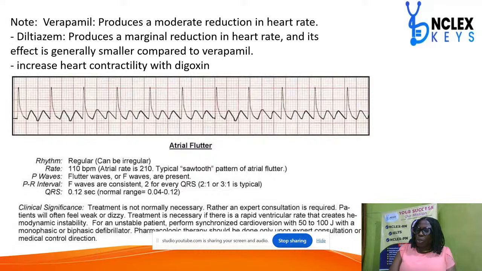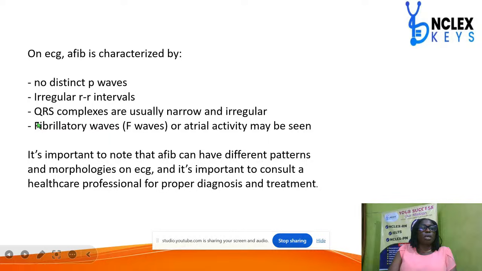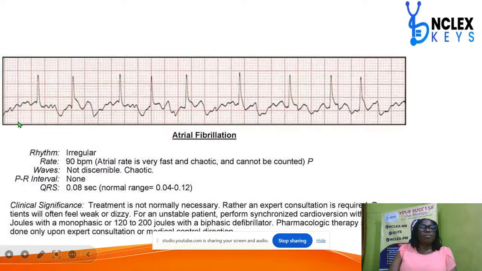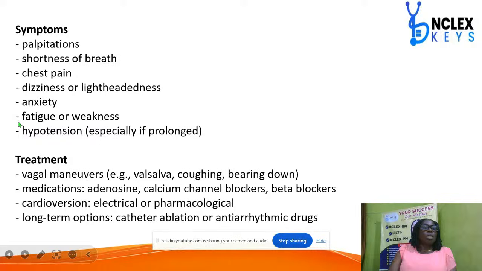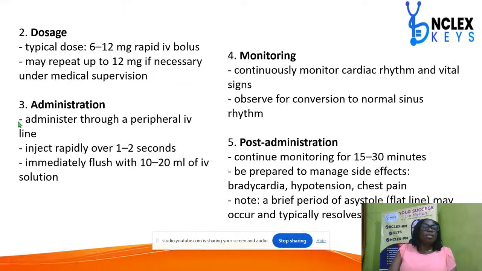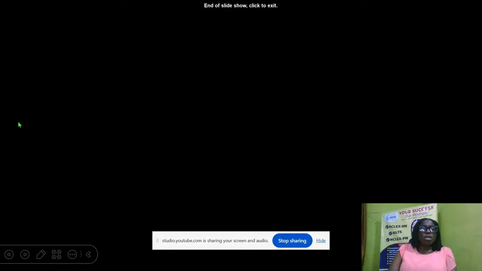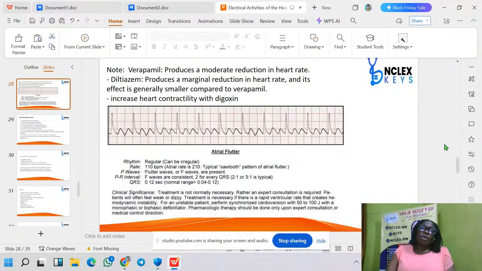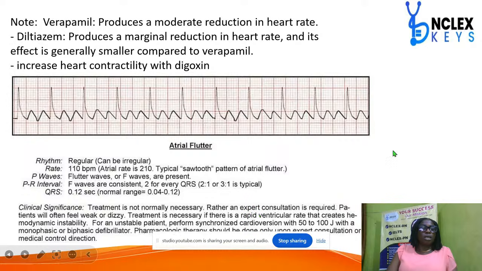In a 6-second strip, go ahead and use the whole graph. It is only if it's more than 60 seconds that you will now remove 30 out of it. Okay.